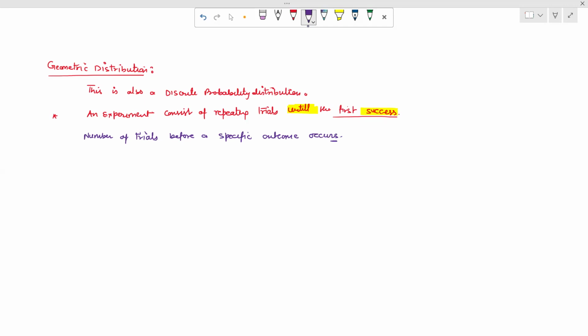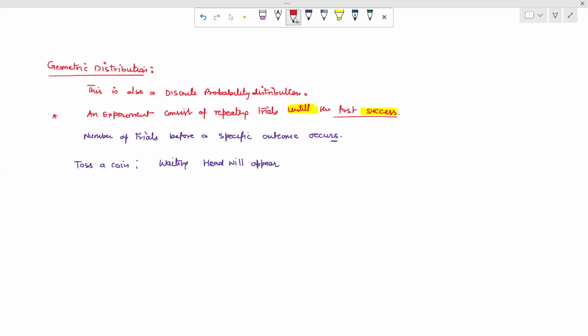So we can take the example of tossing a coin. What is our success? Success we get as head. So we write down as waiting, head will appear.